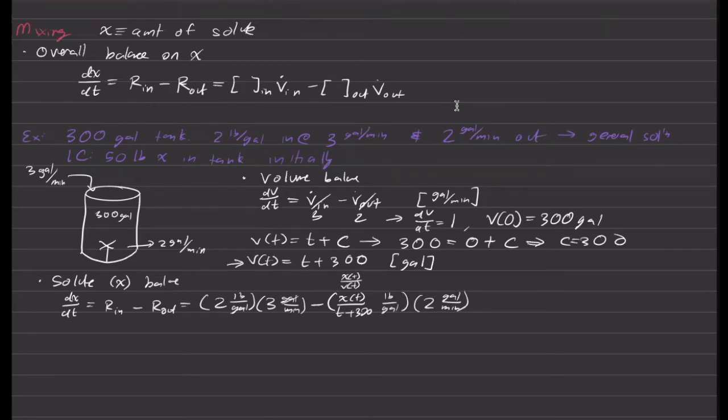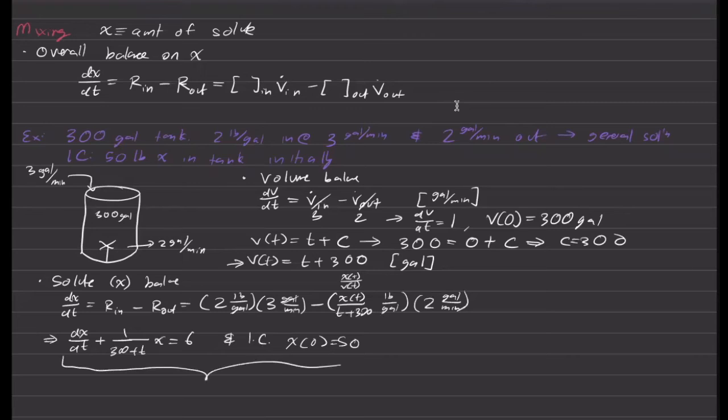And so you can solve this out, and you'll get dx over dt plus 1 over 300 plus t times x is equal to 6. And your initial condition is that x at time 0 is equal to 50. From this information, what you can then do is use the integrating factor and plug in your initial condition to get your solution.